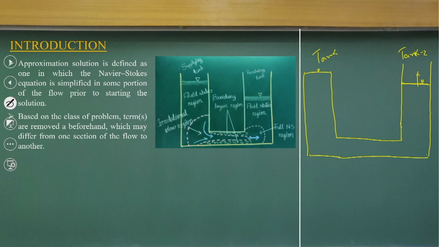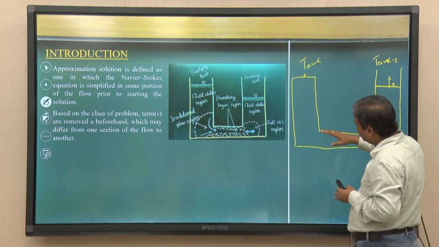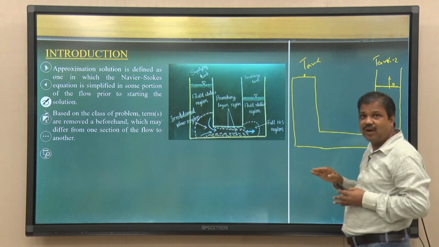If you look at it this way, we have two tanks with liquid, and the liquid is coming from tank 1, the supplying tank, to the receiving tank. When fluid flow is coming, you try to understand it as virtual fluid balls coming closer to the boundary. At that boundary we will have a no-slip boundary condition.